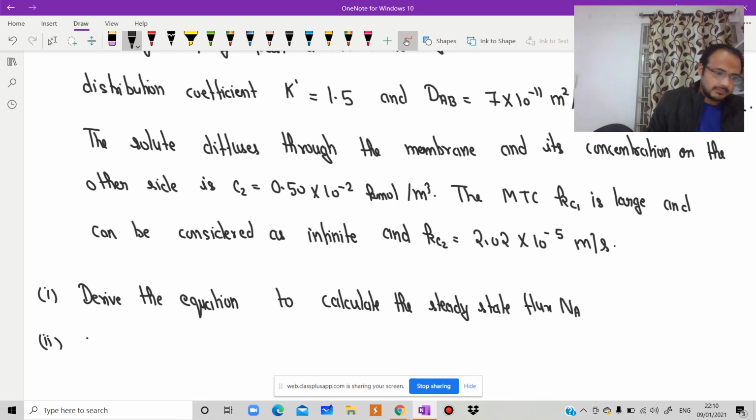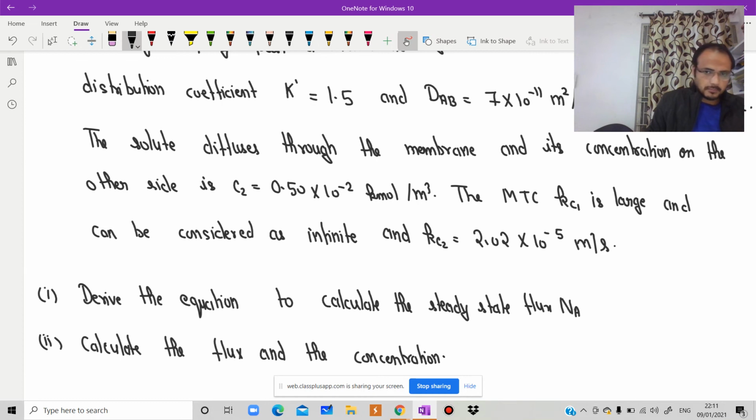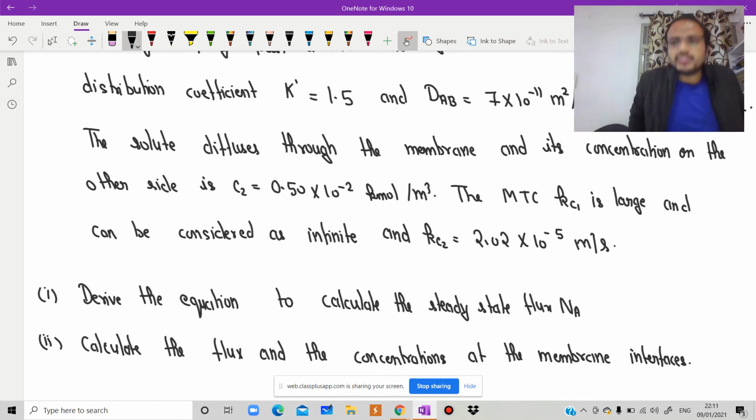And second, calculate the flux and the concentrations at the membrane interfaces. You have 2 to 3 minutes. Solve it.